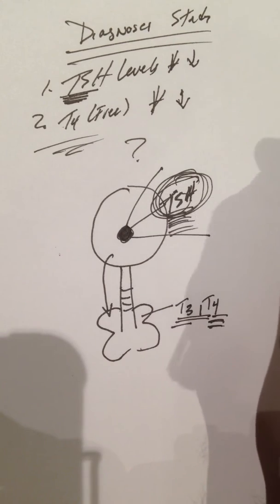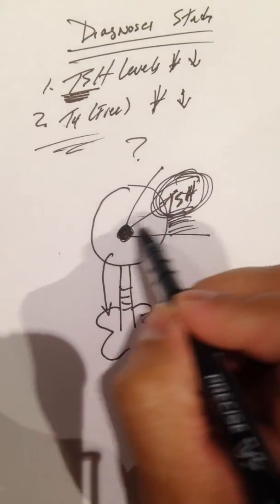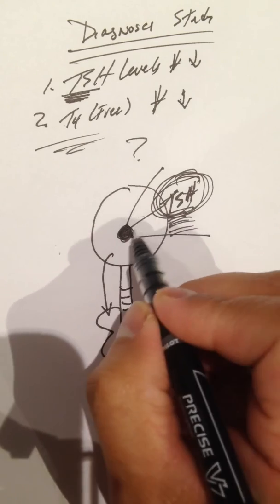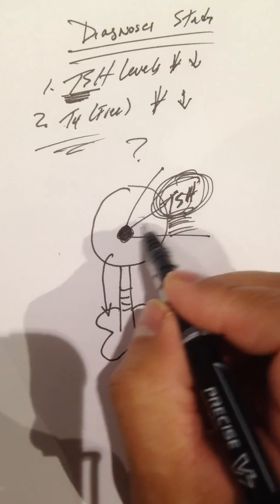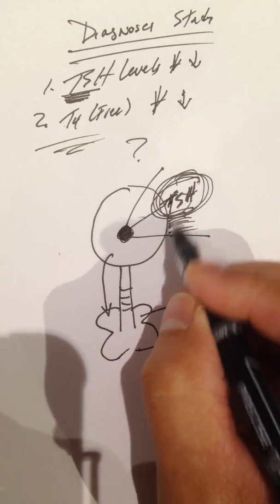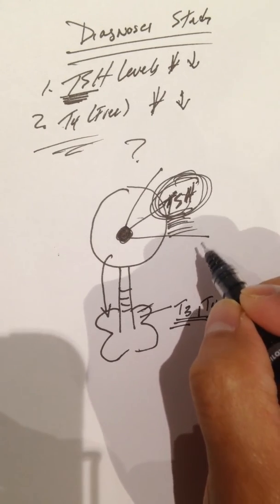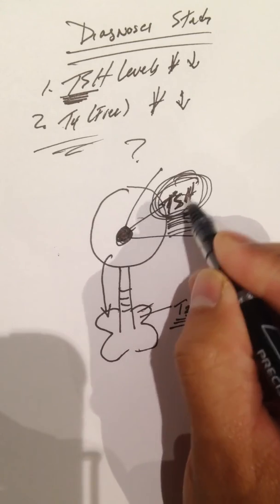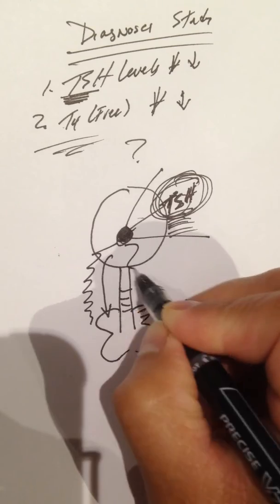But there is another scenario. Maybe your pituitary gland is working, and your pituitary gland is secreting TSH, and your thyroid gland is not working. Well, how could we determine that? Well, in that scenario, your pituitary gland again is going to secrete TSH. TSH is going to come down here.